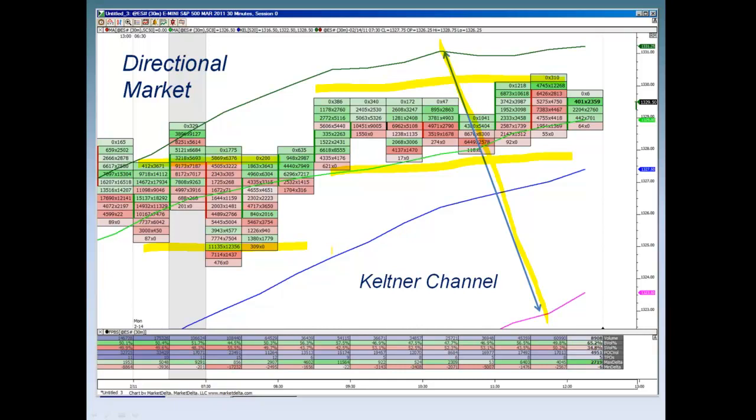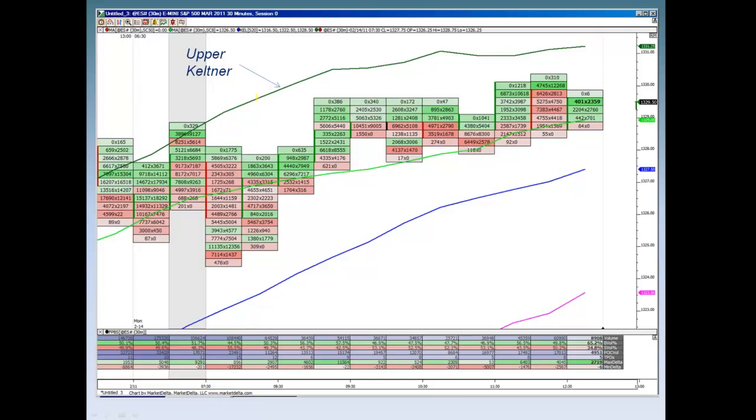Even though this was not a very strong directional market, we still had some movement to the upside in the market. Another telltale sign that I want you to quickly learn to identify is the slope of the center line. Notice how this is sloping upwards. The upper Keltner is always an important line to also identify, and take a look at where prices are relative to the upper Keltner.